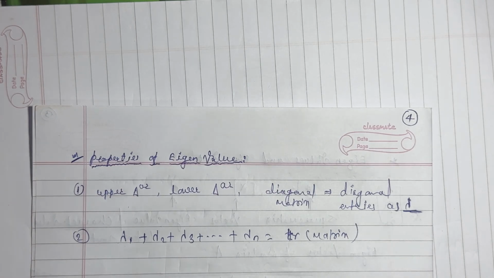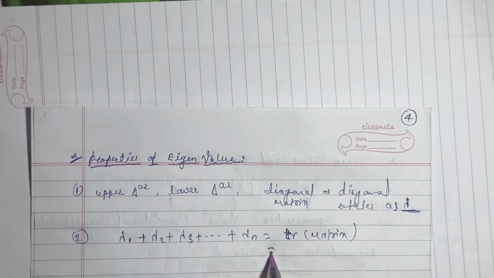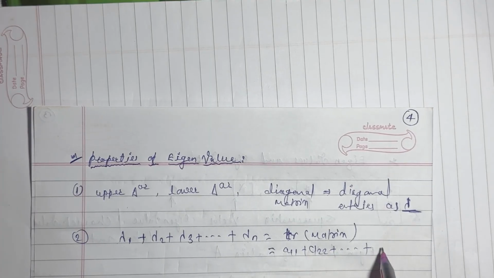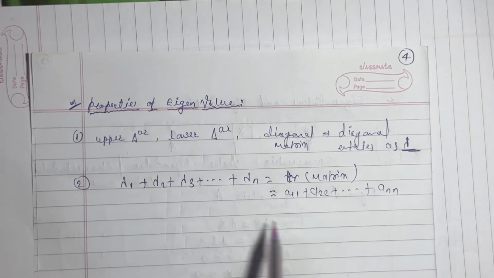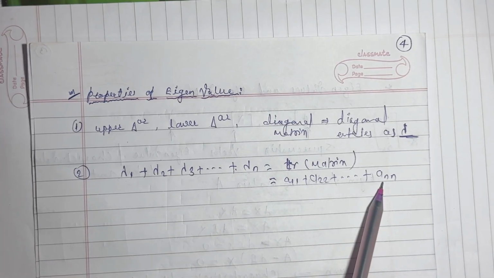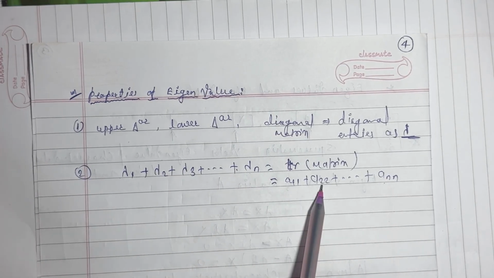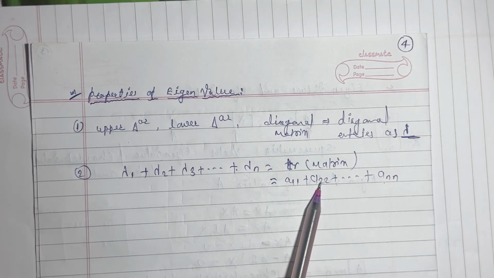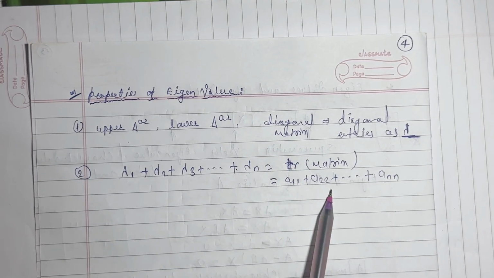That means the sum of all the diagonal entries, a11 plus a22 plus a33 up to ann, is equal to the sum of the eigenvalues. Always remember that the sum of the eigenvalues is the trace of the matrix.